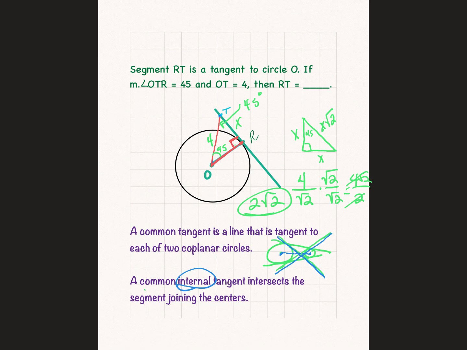So that means that this tangent and this tangent are common external. So those are external tangents and these are internal tangents because they cross that segment joining the centers.